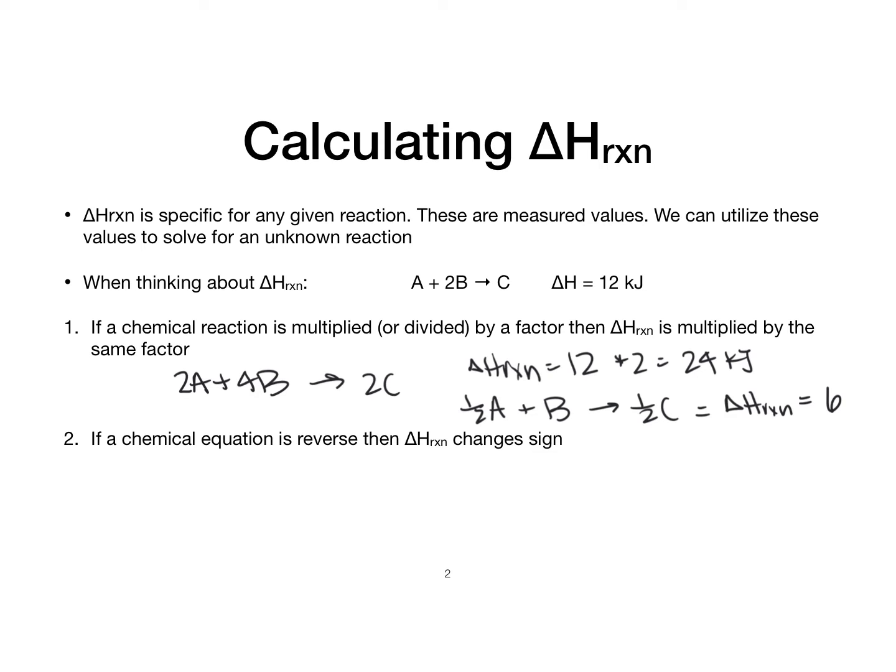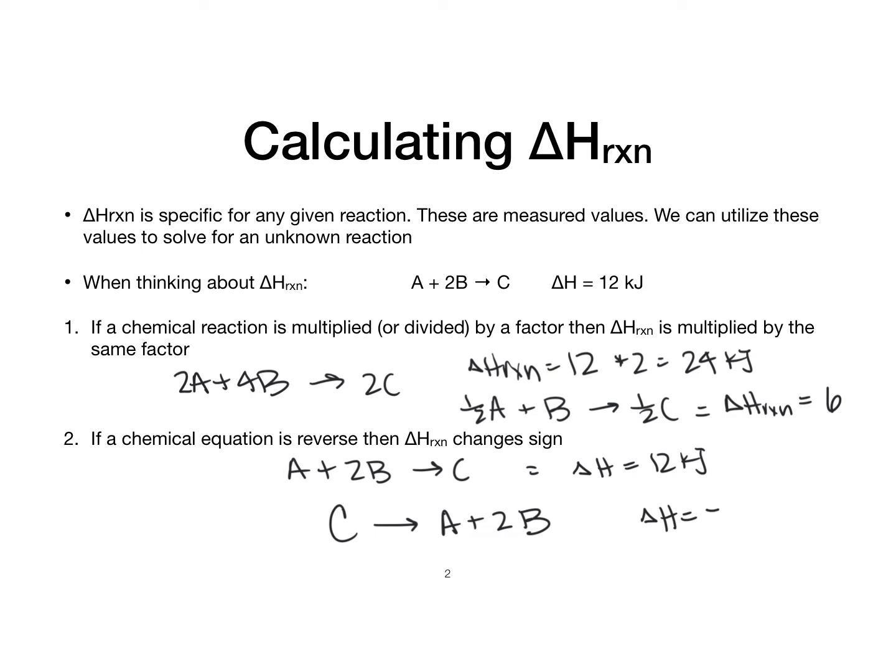And so the next thing we have to remember is that if a chemical reaction is reversed, then delta H changes sign. So if we know that A plus 2B goes to C, and delta H equals 12 kilojoules, if we go in the opposite direction, so C decomposes into A plus 2B, delta H is going to be the opposite sign.